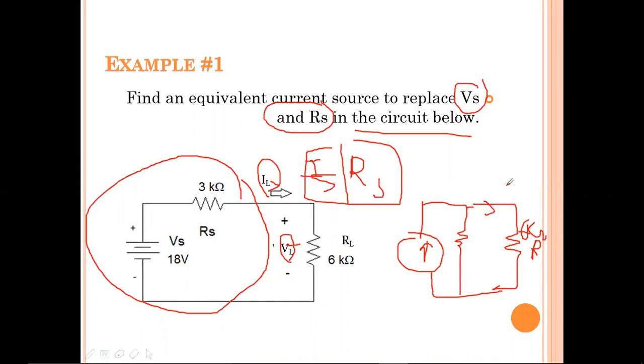RL is 6 kilo ohms, fixed, and IL, whatever current is given, is also fixed, and VL across this load resistance is also fixed. Then this is Rs, you need to find, and how much current the source is sending. This is the equivalent circuit. Here I'm going to take 2 to 3 different cases based on the changing of the resistance value, means based on Rs, how my load is going to be affected, right?